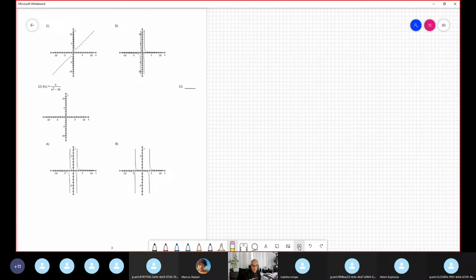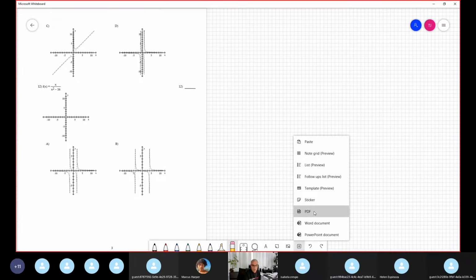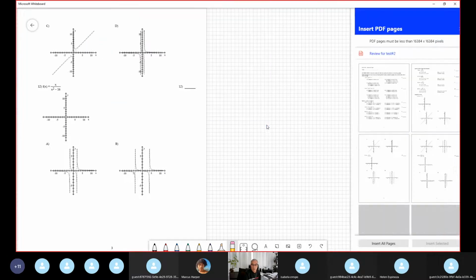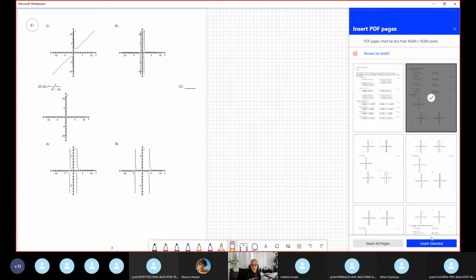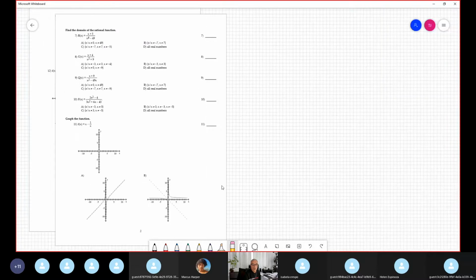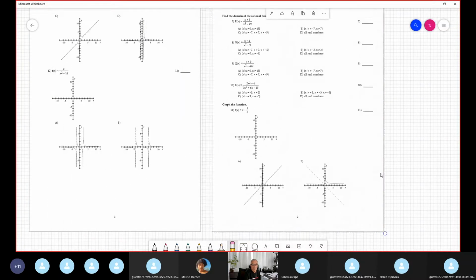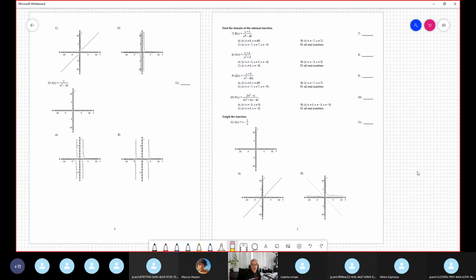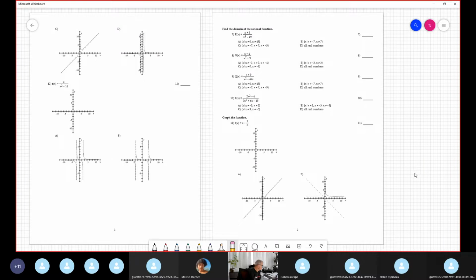Let me download the other page. This one. Look at that. My question is about number 11, what option do you select? A, B, C, or D?